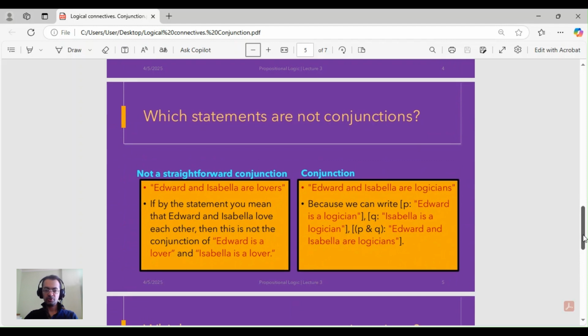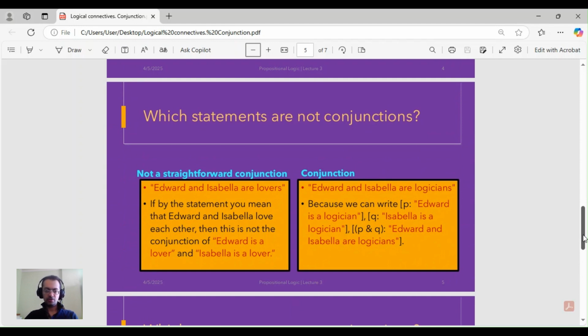And which statements are not conjunctions? For example, our first example is not a straightforward conjunction: Edward and Isabel are lovers. If by the statement you mean that Edward and Isabella love each other, then this is not the conjunction of Edward is a lover and Isabella is a lover.